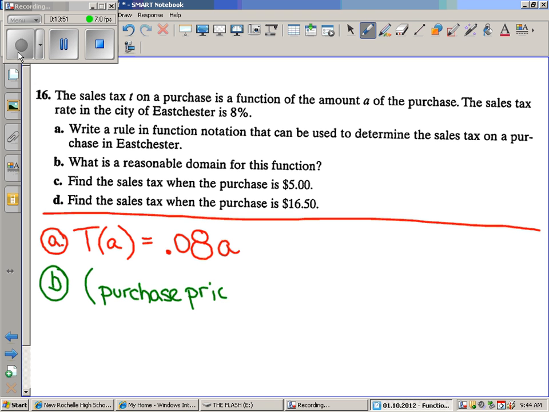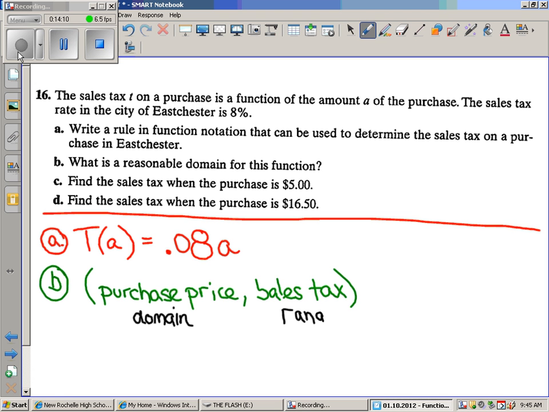And the y values for this particular case are going to be sales tax. And this is the domain. And this is the range.